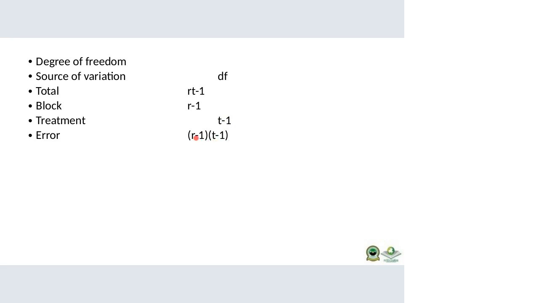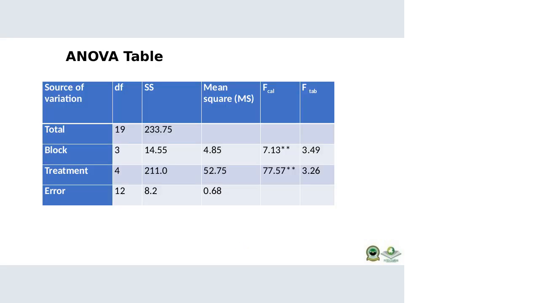So we have replicate 4 here, 3 times 4, which is 12. So the error degrees of freedom has also reduced to 12 instead of 15. So we have the total 19, the block 3, and the treatment 4.